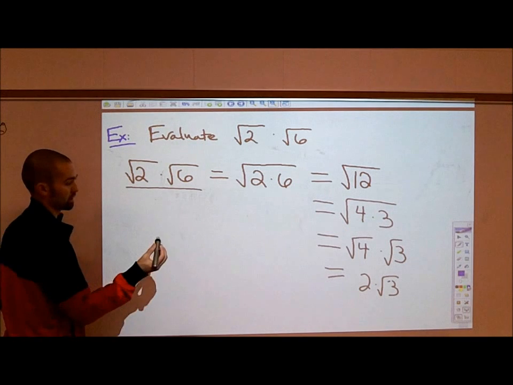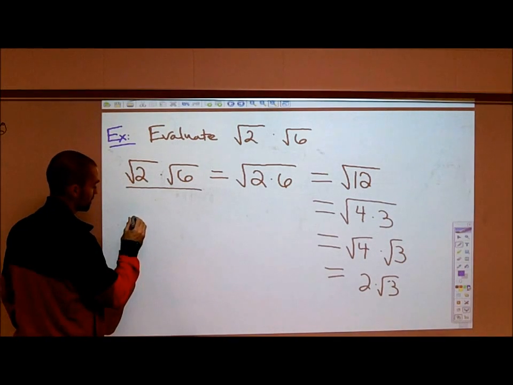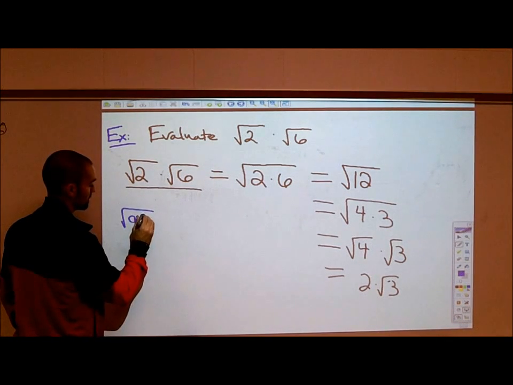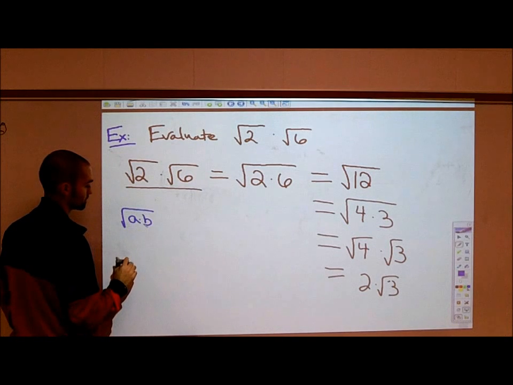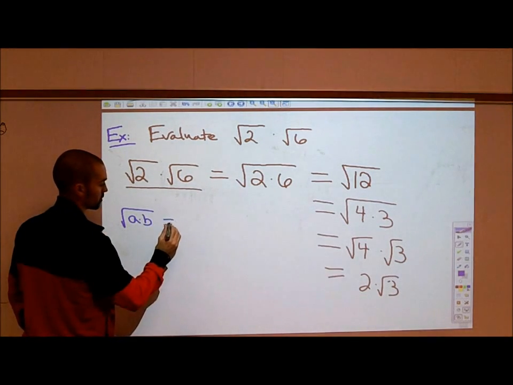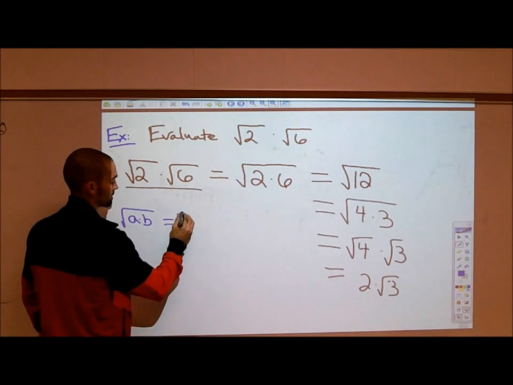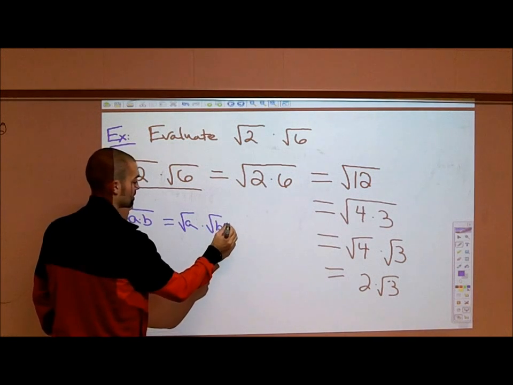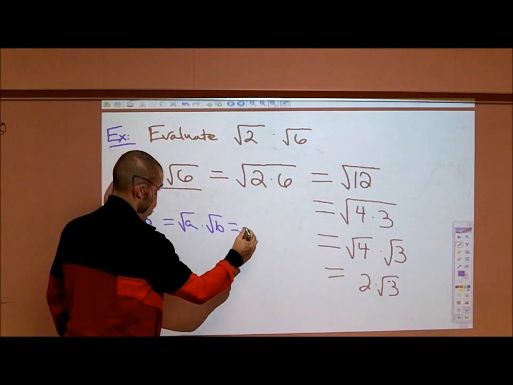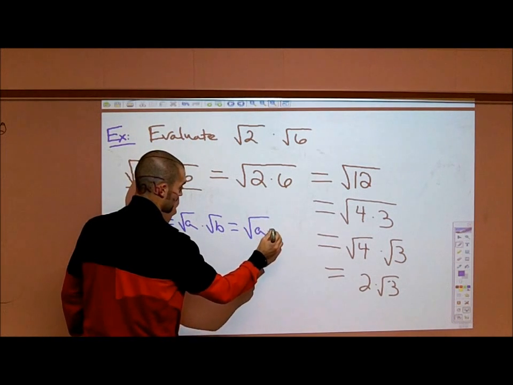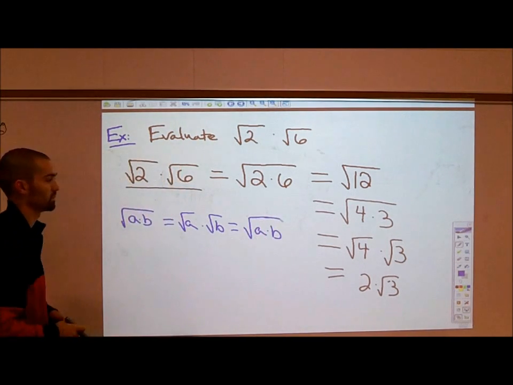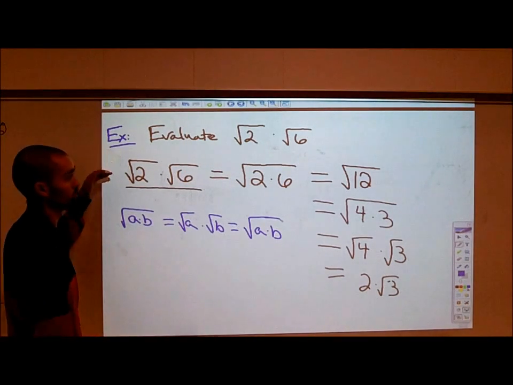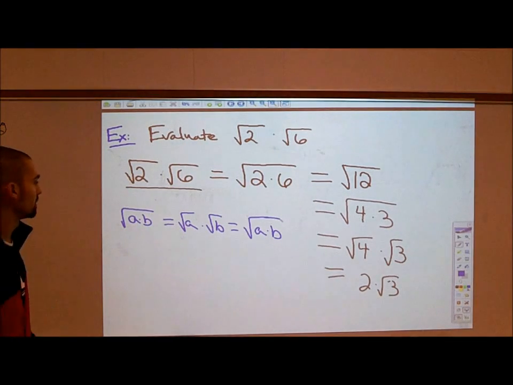So if we were to look at the general property itself, we have the square root of A times B, which is equal to the square root of A times the square root of B, which then can go back into what we just had, the square root of A times B. That's kind of what we're doing. That's the process that we're handling when we're multiplying radicals like this.